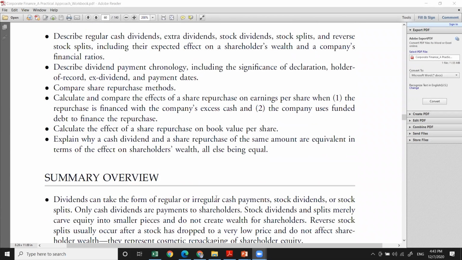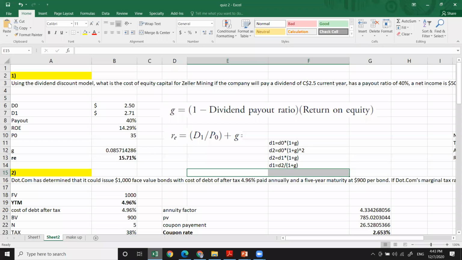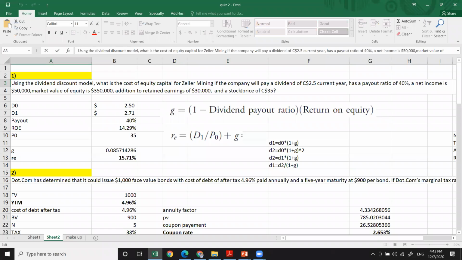Excuse me, Professor, may I ask a question about the dividend discount model, DDM? Sure. We've got examples with the next year's dividends, but I don't remember how we solve it when we have the current year's dividend. Okay, here is the exam question. You were given the current year dividend, which is 2.5.